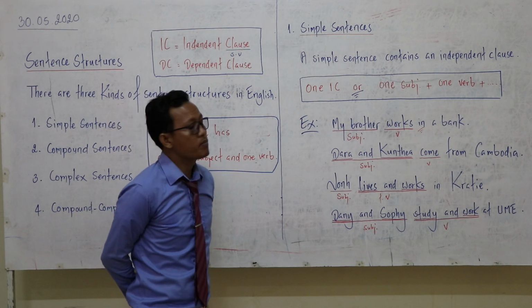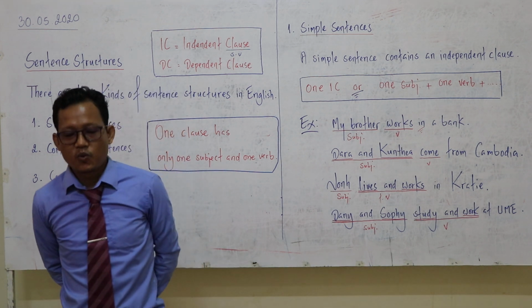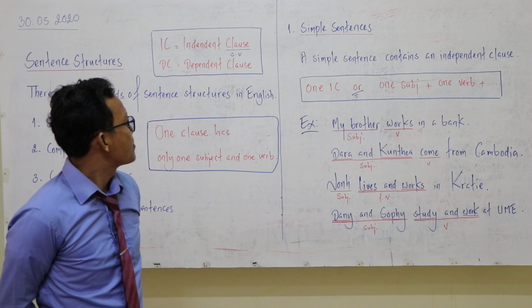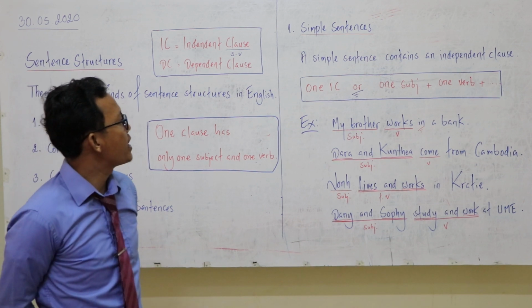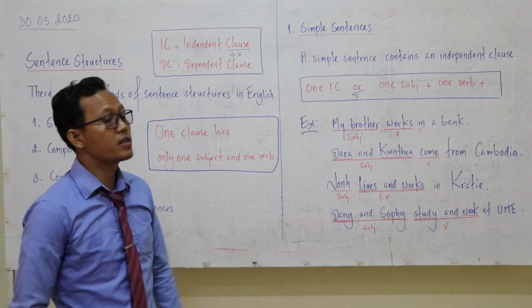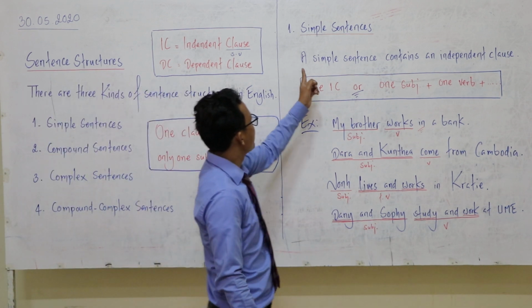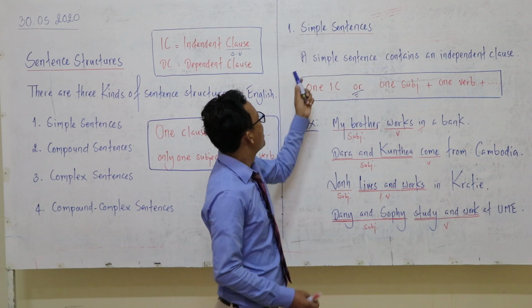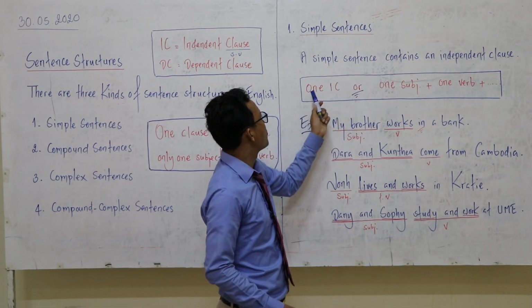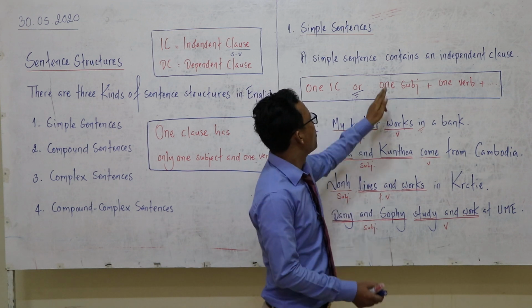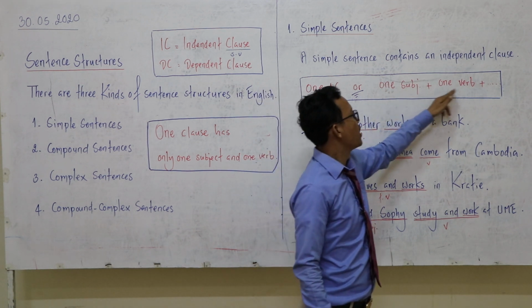So what is a simple sentence? A simple sentence contains one independent clause. It means one IC. Or you can say one subject, one verb.